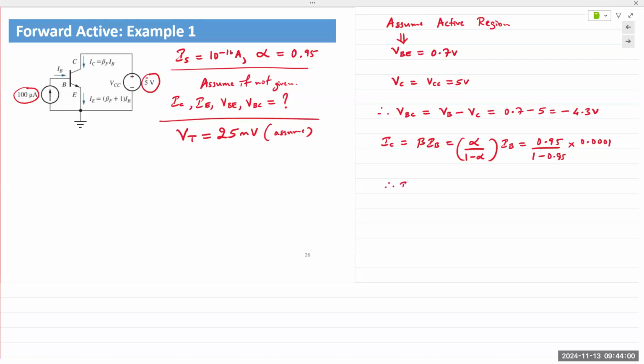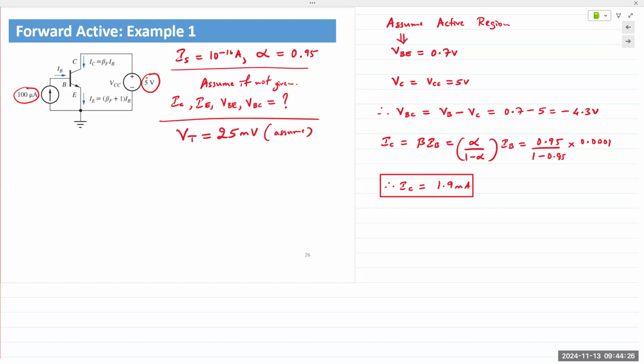And that gives me an IC value of 1.9 milliamps.